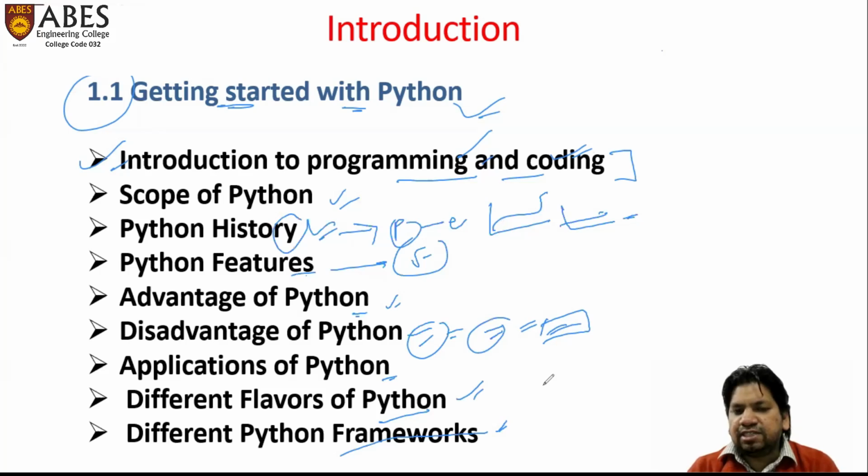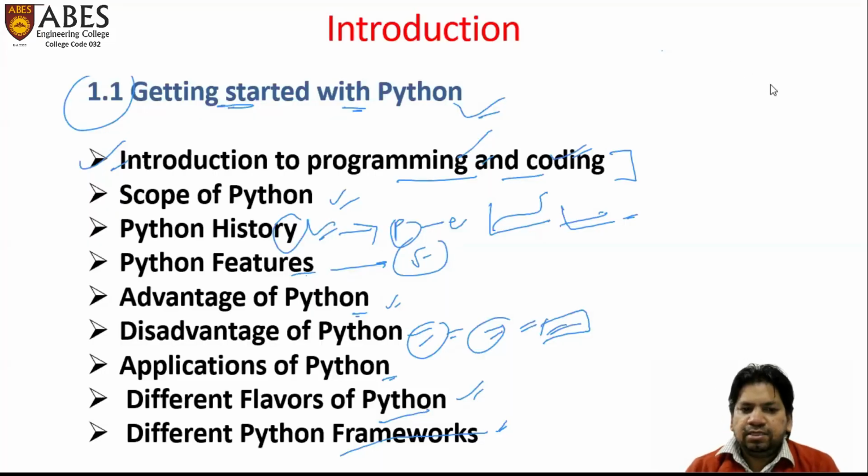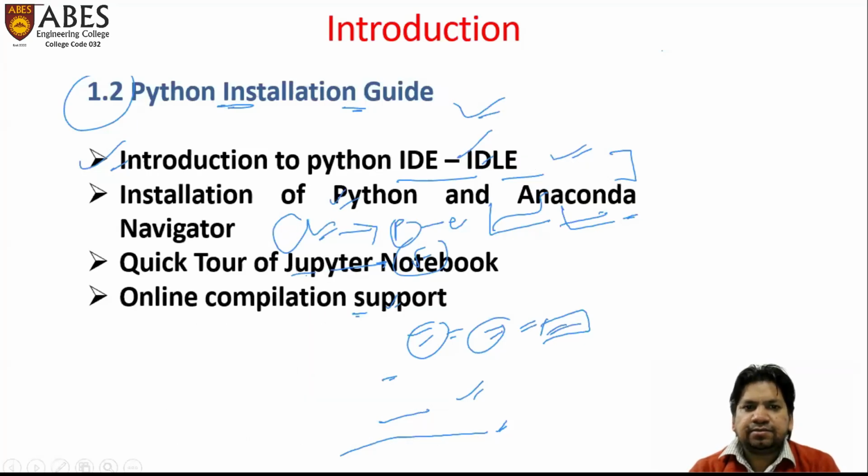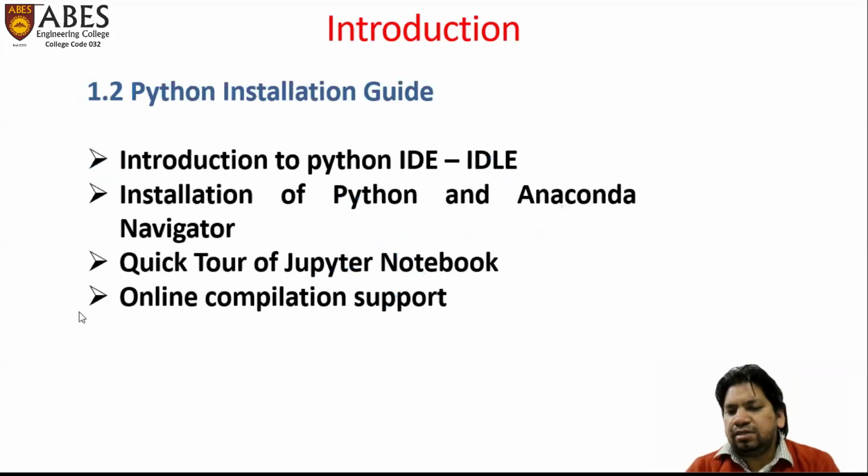Here we will discuss each one by one, including different types of frameworks. In the next part, you will see how we will install Python and how many types of Python there are. In this part, you can see the installation guide.